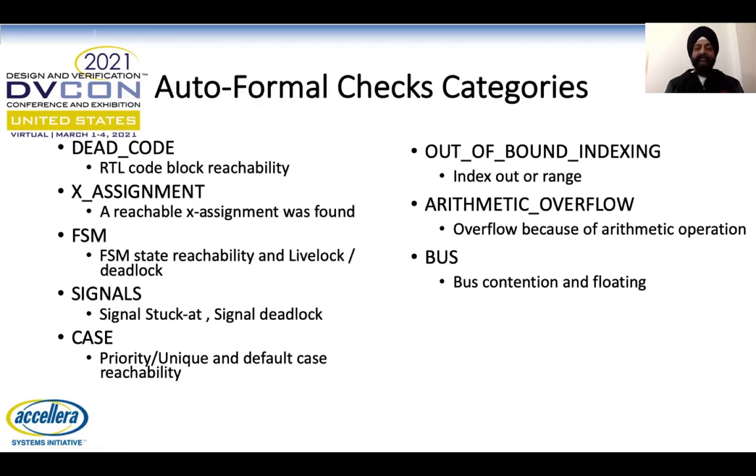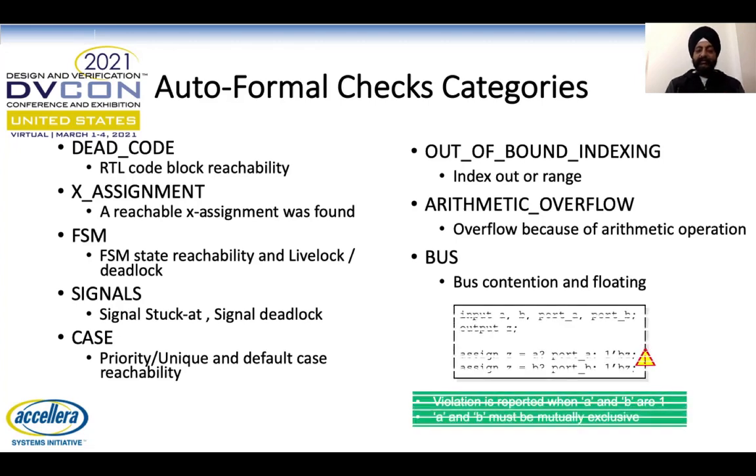But if we elaborate on these checks, they are spread through various categories listed here, starting from dead code, which will tell you about the reachability of the RTL code block, to X assignment, reachability of X assignment, FSM checks, which are not limited to only reachability but include livelock and deadlock checks on FSMs, signal checks, case checks, out-of-bound indexing, arithmetic overflow, and bus contention.